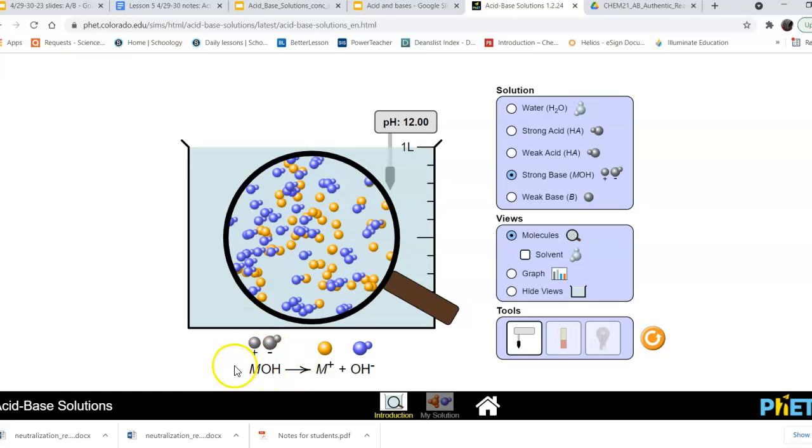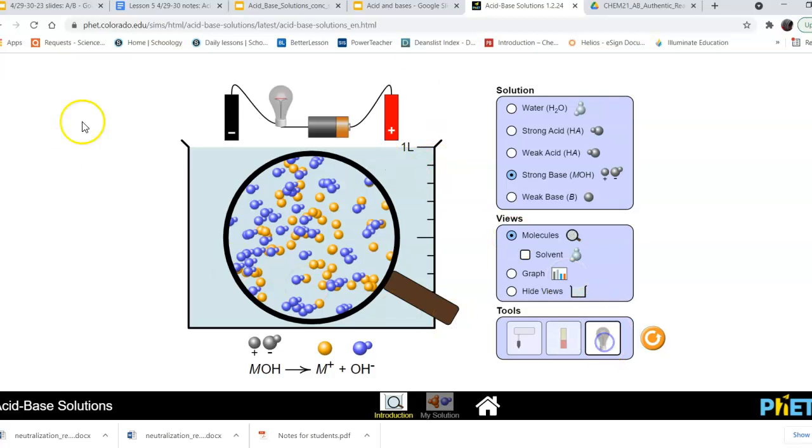You do not see the conjugate acid and hydroxide ion formation with water here. You don't see any gray spheres here, because it's fully dissociating.